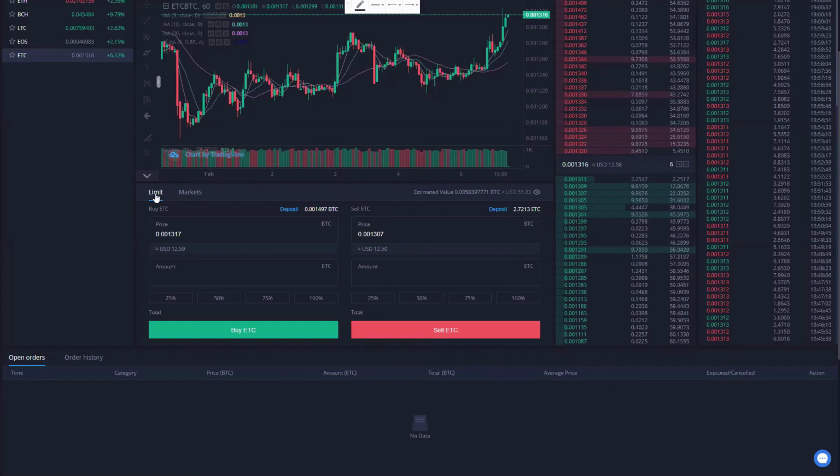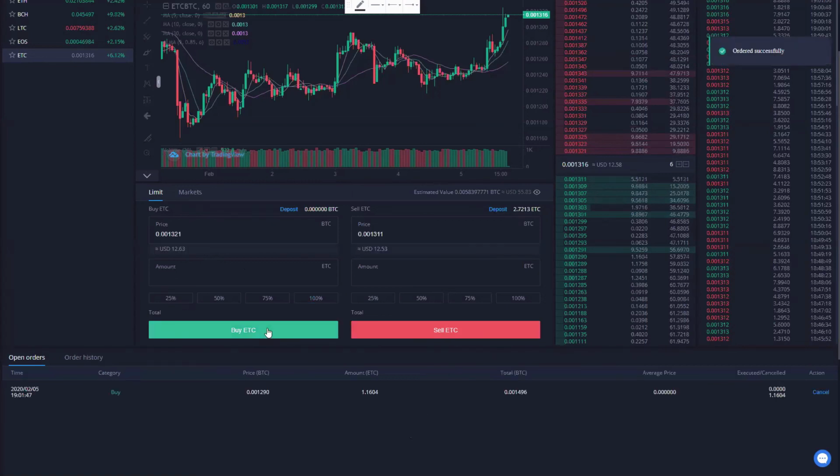So if I want to do a limit, then I would want to put, let's say, 0.00129, and I will do 100% of all of that. I put that over here and realize that this new transaction didn't go to my order history. It rather came to my open orders, and this is actually a live order.